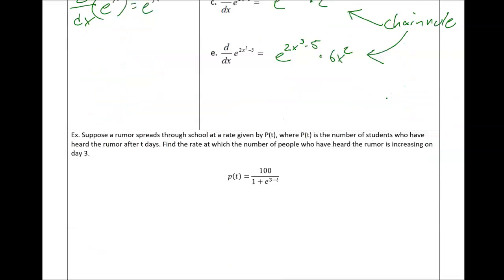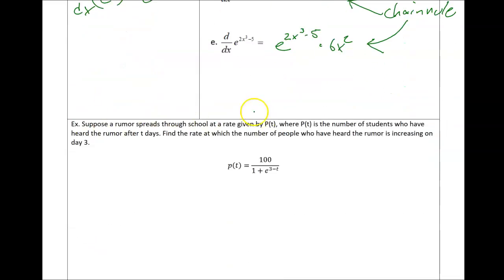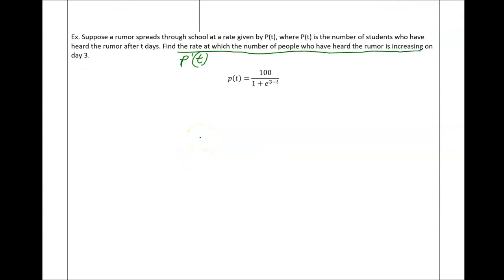Let's look at this harder example. So this asks us to find the rate at which the number of people who have heard the rumor is increasing on day 3. Okay, so that word rate should cue you in that we're looking for the derivative, p prime of t. And I can make my life a lot easier tackling this particular example by rewriting it just like we did with our power rule.